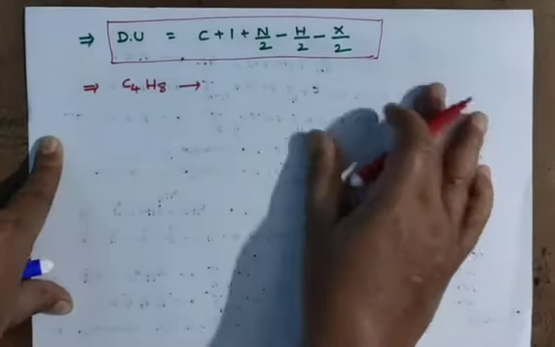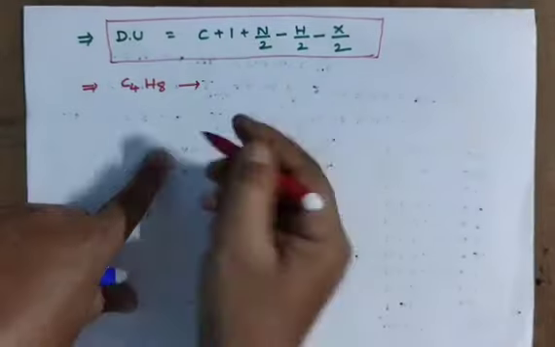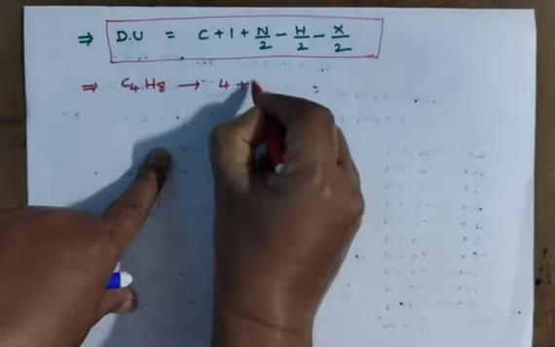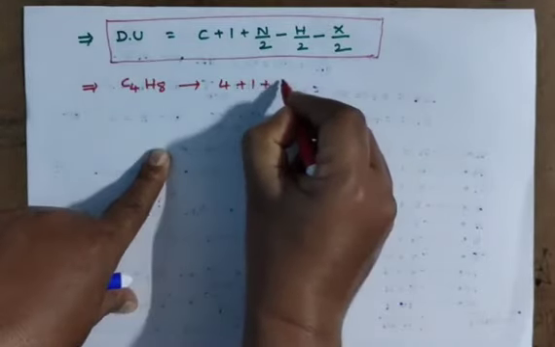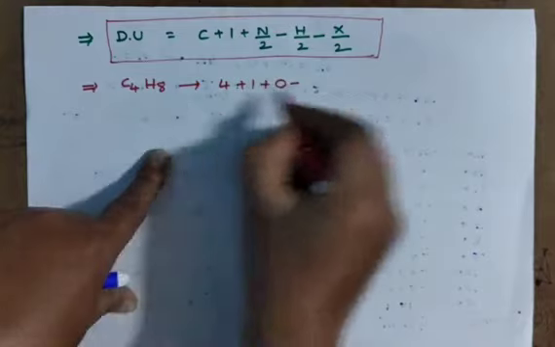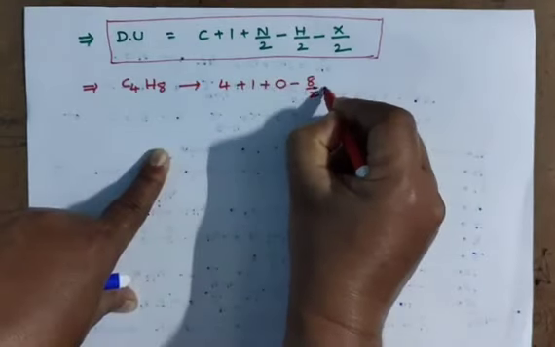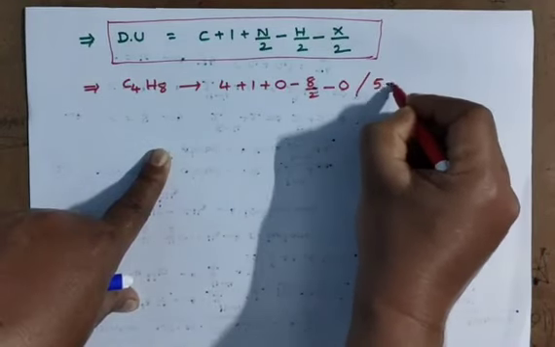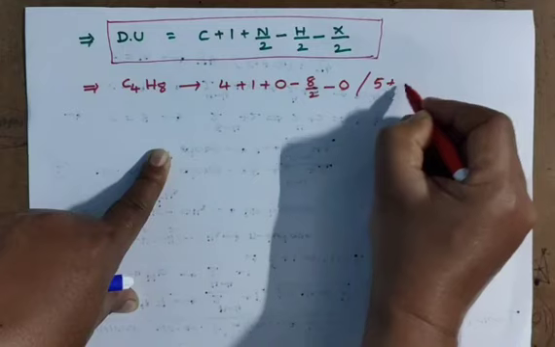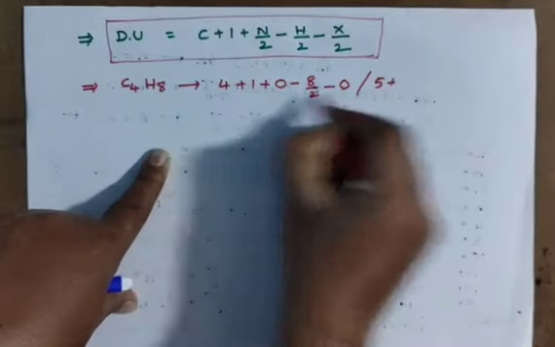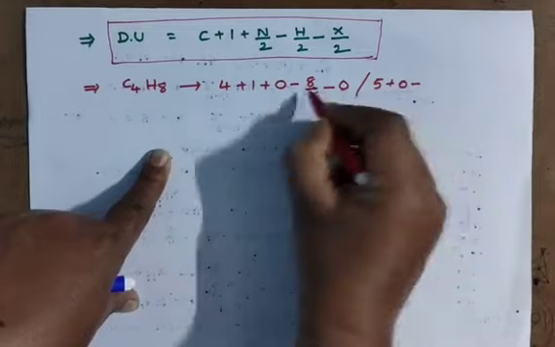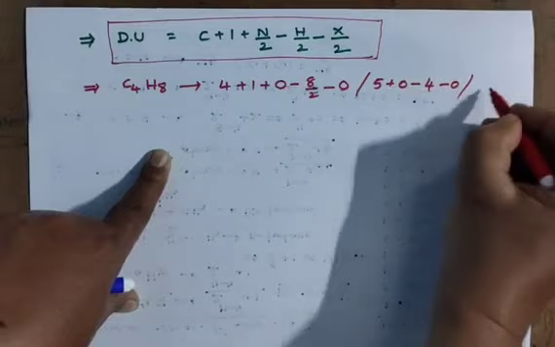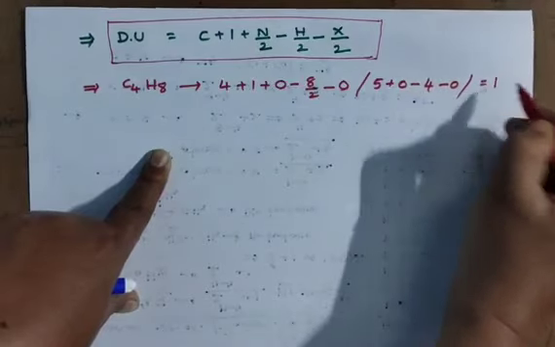Whether this compound has a double bond or unsaturation, that you go for now. 4 carbon atoms plus 1 plus nitrogen, not there, 0, minus hydrogen 8 by 2, minus halogen, not there, 0. That implies 5 plus 0 minus 8 by 2, which is 4, minus 0. Nothing but 5 minus 4 equals 1.